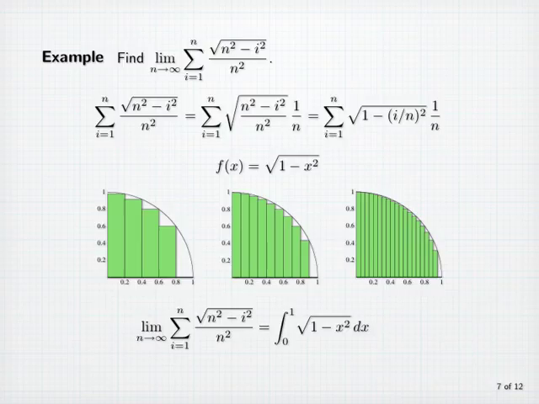To see this, notice that the equation y equals the square root of 1 minus x squared becomes y squared equals 1 minus x squared if we square both sides, which can be rearranged to obtain x squared plus y squared equals 1. So the limit of these sums is the integral from 0 to 1 of the square root of 1 minus x squared dx, which is simply 1/4 of the area inside the unit circle, and that's 1/4 pi.